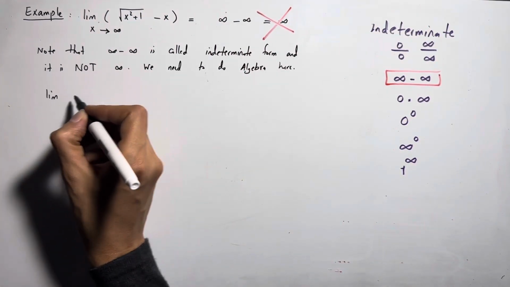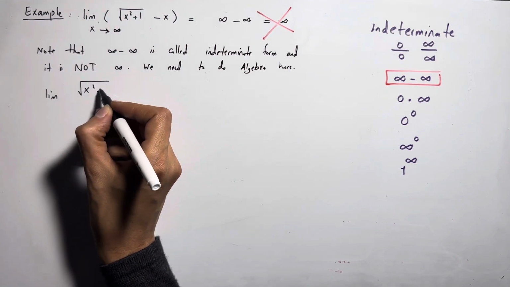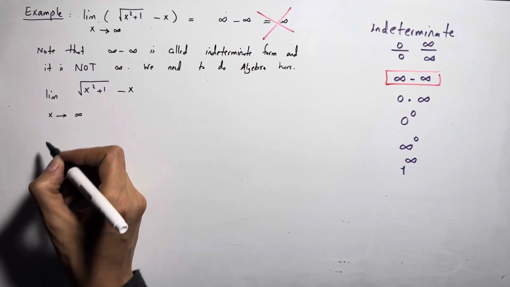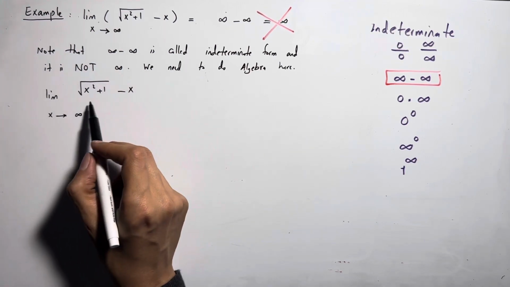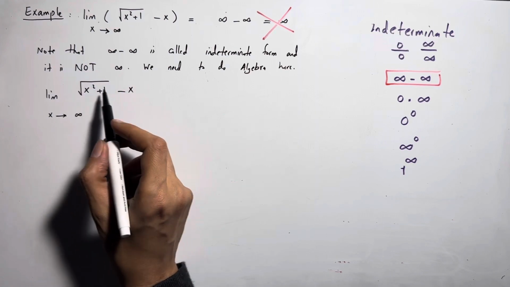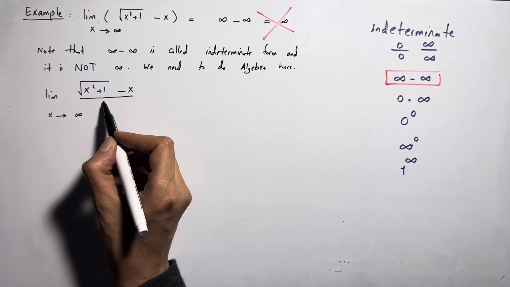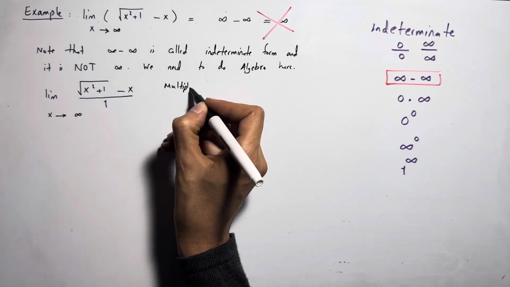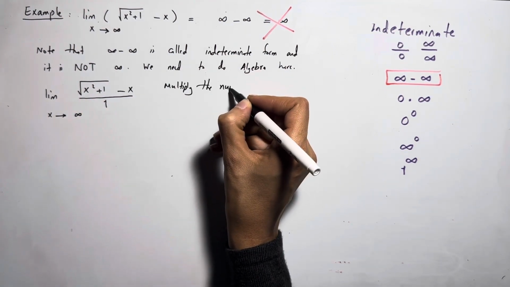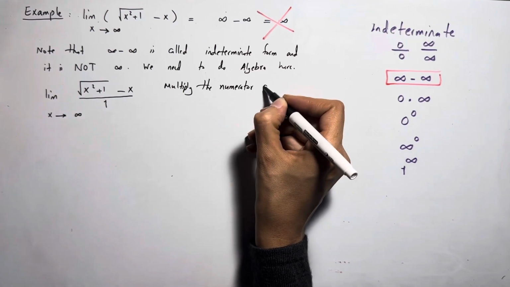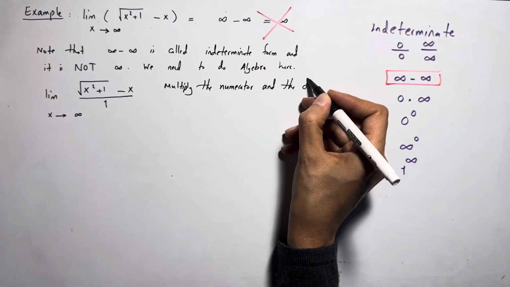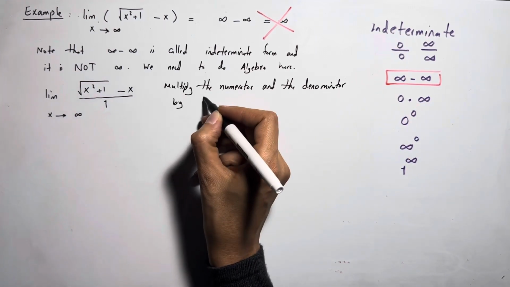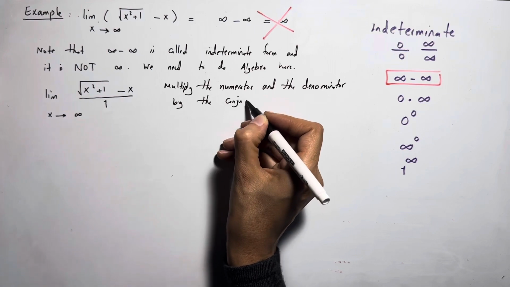So here you have the limit of square root of x squared plus 1 minus x as x approaches infinity. What are you going to do? You're going to find the conjugate and multiply the numerator and your invisible denominator, which is 1, by the conjugate.